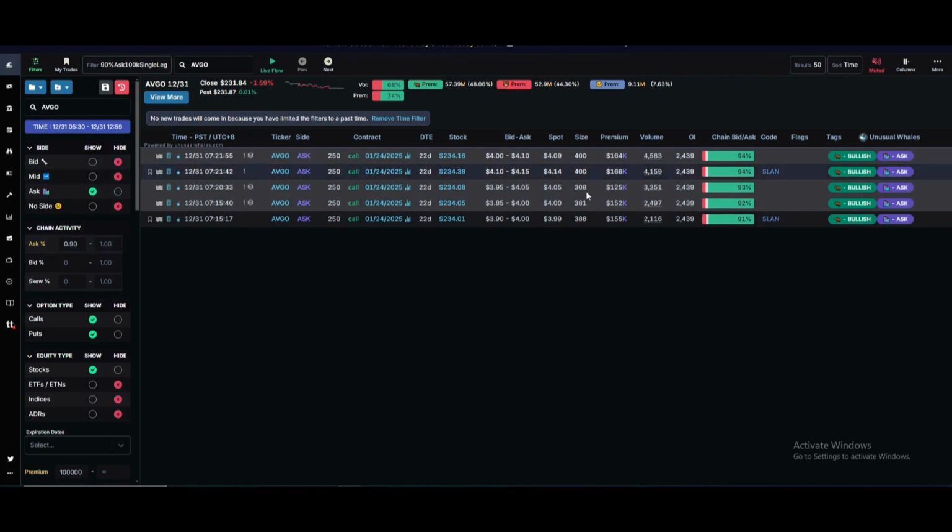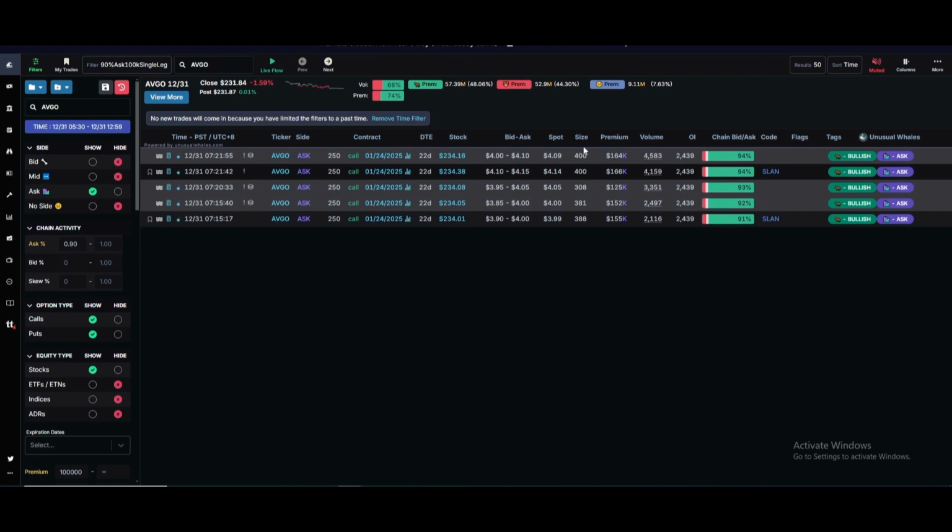When you have a filter like this one, which strictly only shows me what's on the ask, you could be missing the other side of the transaction, which could be transactions in the middle, no side, or even on the bid. So let me show you how this, which looks bullish, is actually not very bullish. This could be labeled as really non-actionable, and here's what I mean.